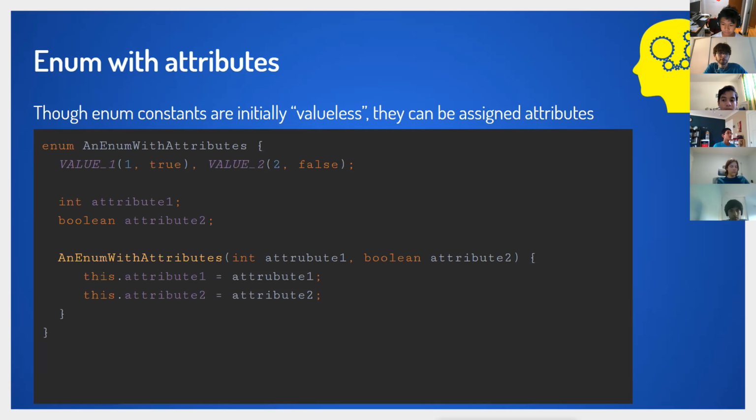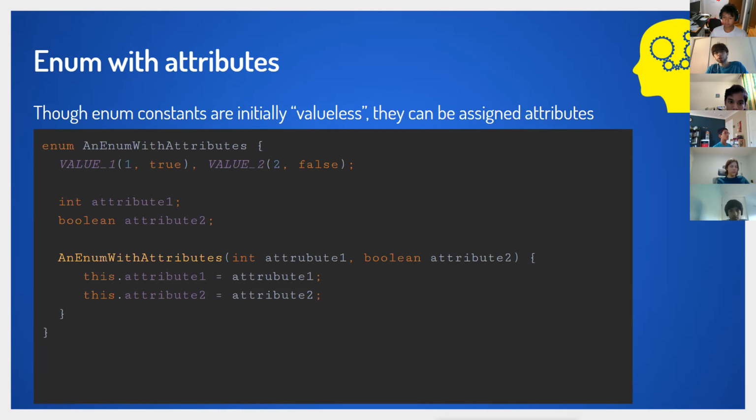Can I jump in for a second on the previous slide? So when it's defining the different values within the enum, I'm not exactly sure valueless is the perfect word for that, because what you should really be thinking of is that those constants, value 1 and value 2, are the values that the type enum with attributes can have.